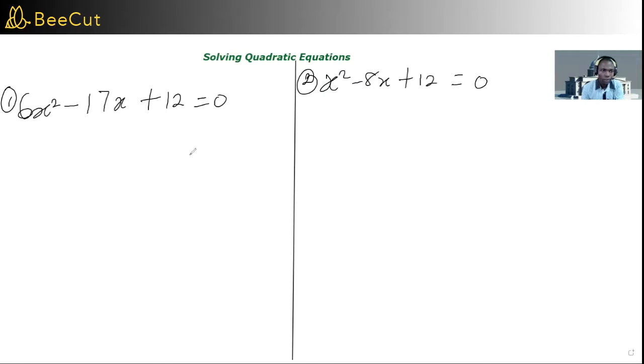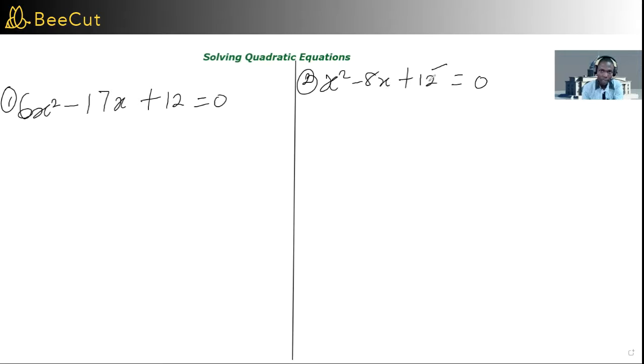Looking at the 2 equations, the first one has a number beside x squared, like 6 here. The second one doesn't show a number, but the number is there, which is 1. So it's the number beside the x squared that you're going to use to multiply the third term of the equation.